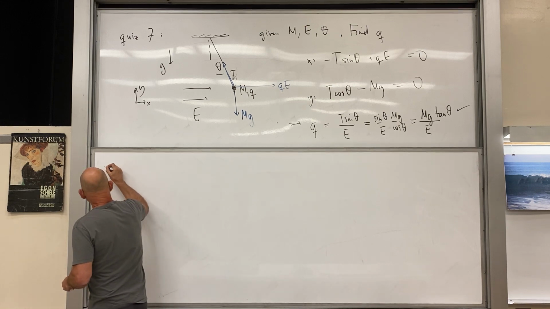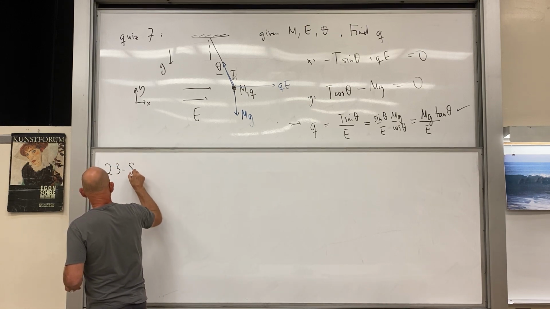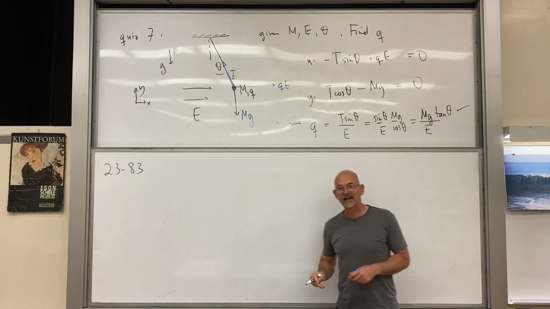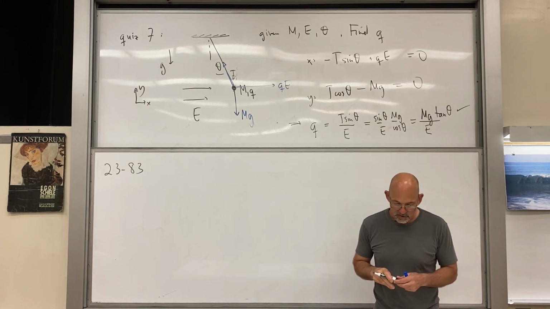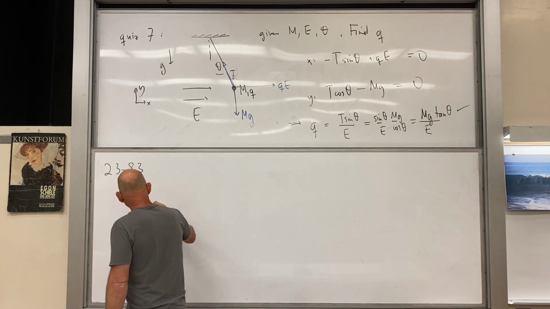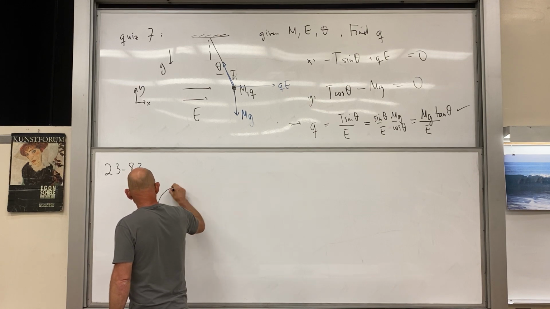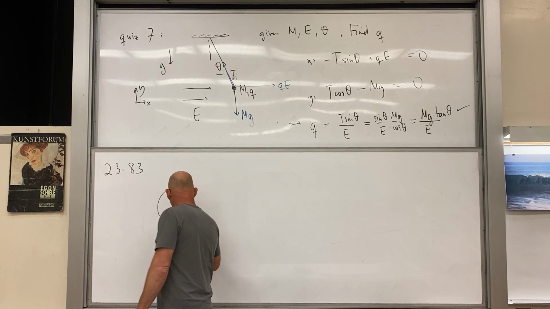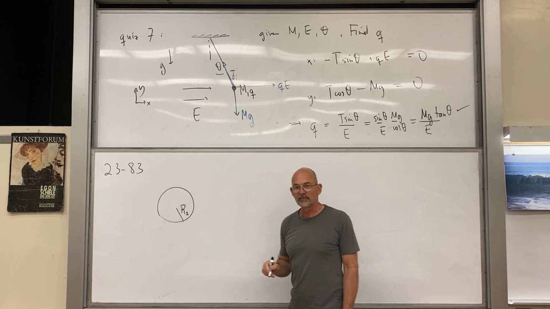A number of people asked to have that one done, and our upcoming quiz is going to be based on this problem as well. So this is a pretty rich and interesting problem. The idea is we have a conducting sphere, radius R1, and we charge it up, and then there's a certain potential to it.